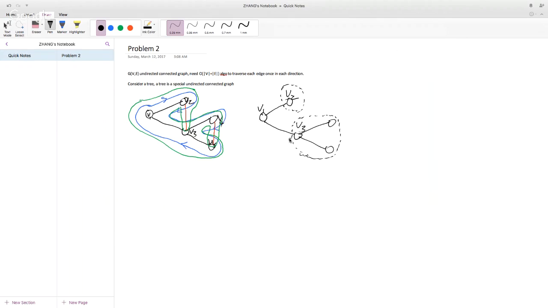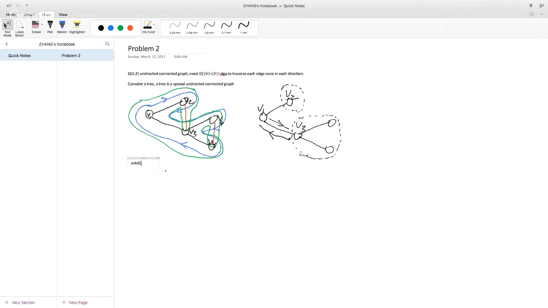And now we can go back from V3 to V1. So this gives me the idea to call the routine recursively on each node that belongs to the tree. And with this idea, let's write down the algorithm.